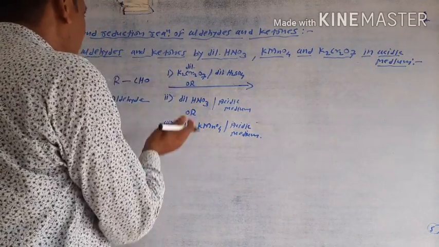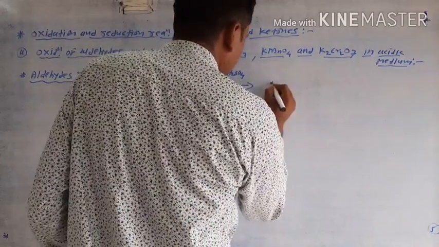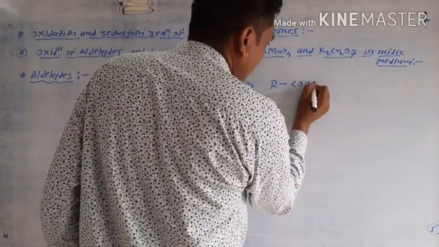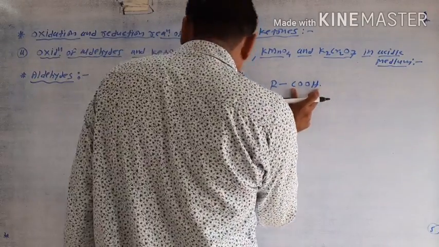When any of these reagents reacts, it gives COOH, meaning the aldehyde group is oxidized and gives the carboxylic acid.